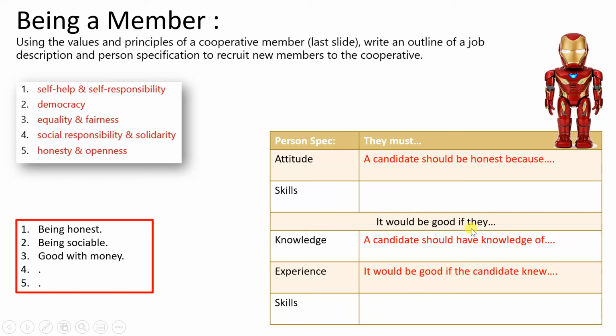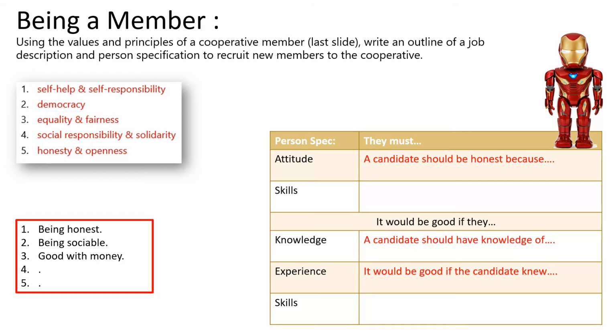Now the reason person specs have those is because you've got to give a candidate the opportunity to stand out. So if these are the desirable, these are the opportunities for candidates who go for a job to actually add that something special. So here you give people a guidance of what you want them to offer that could benefit your company.